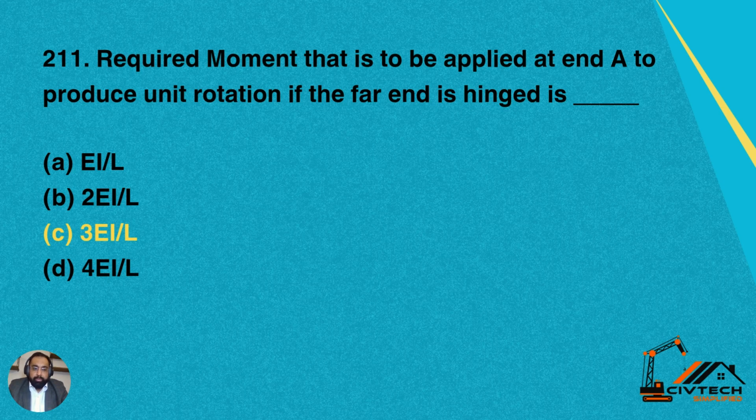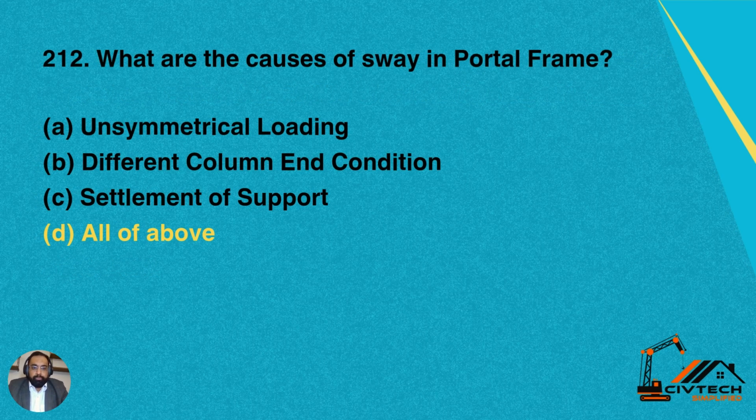Option A, EI over L. Option B, 2EI over L. Option C, 3EI over L. Option D, 4EI over L. The required moment that is to be applied at the end A to produce unit rotation if the far end is hinged is 3EI over L.